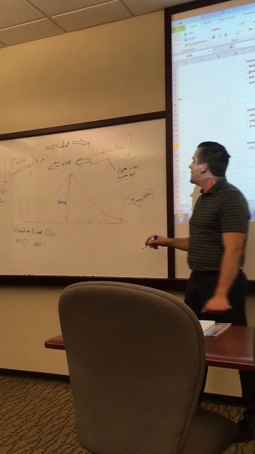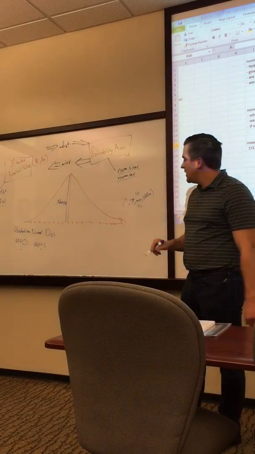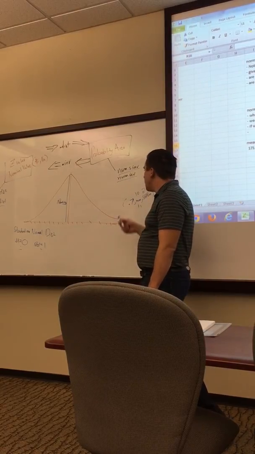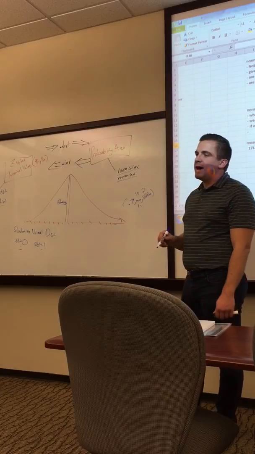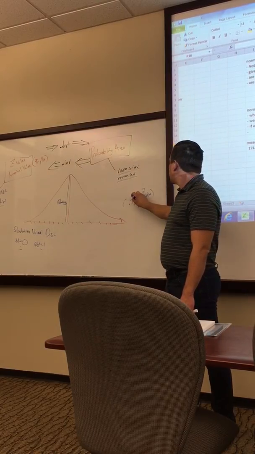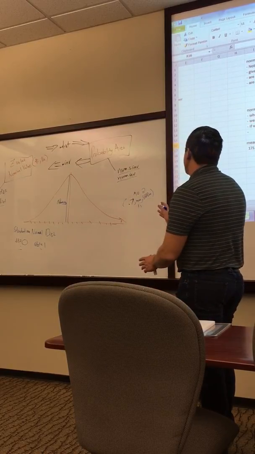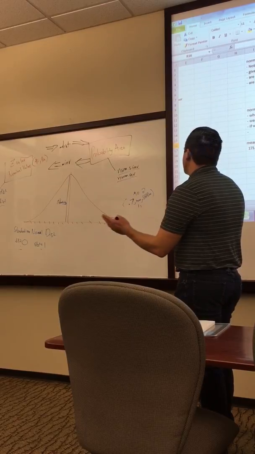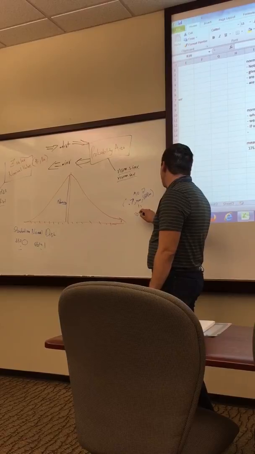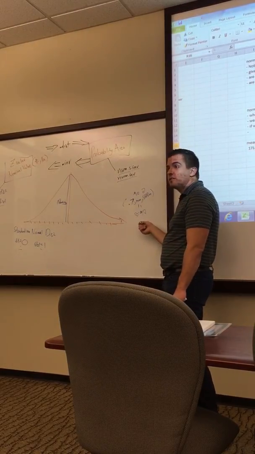So if I say my mean is $10, and my standard deviation is $2, then at what dollar value is 0.7? It's probably going to be $12-ish. I don't want to do the math in my head, but about $12 would be your answer. So your output's going to be in dollars.